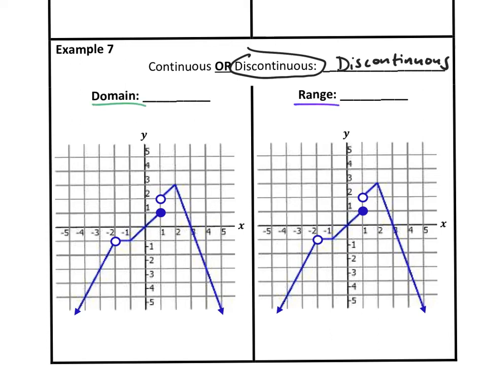Domain, range. So we're going to get our, wrong color. I like to kind of color coordinate so that it kind of stays consistent in the examples. And so we're going to scan from left to right. There's an arrow.